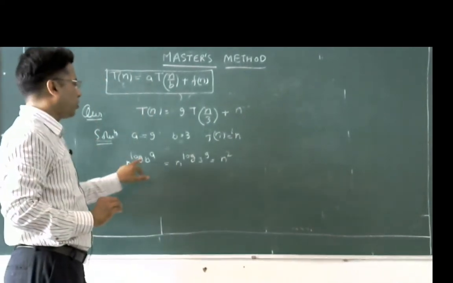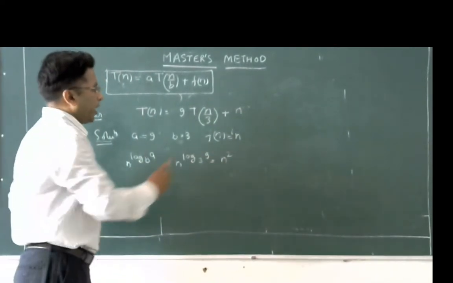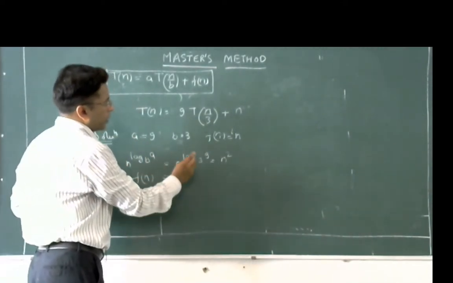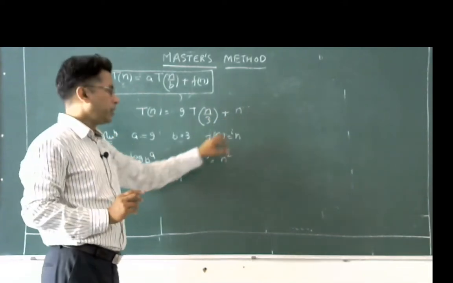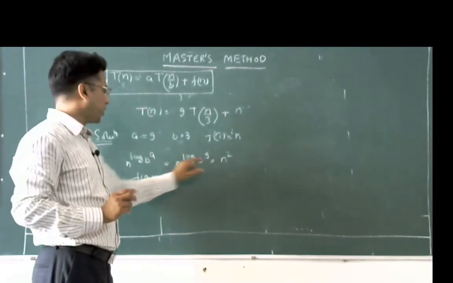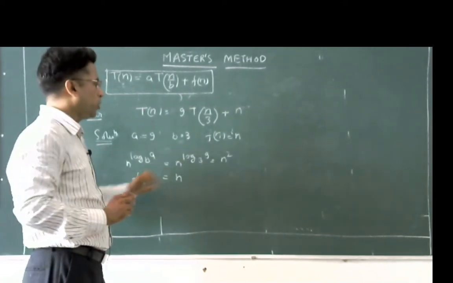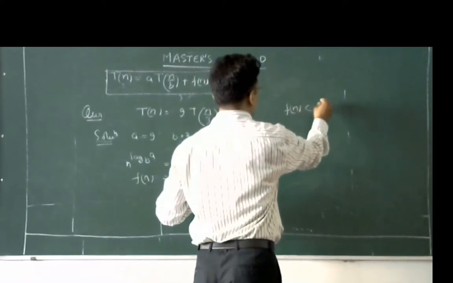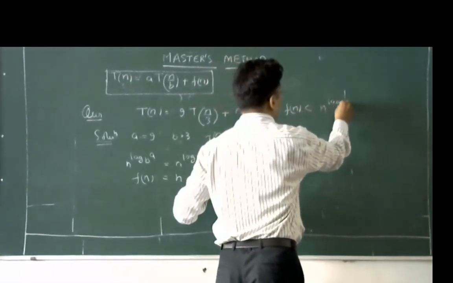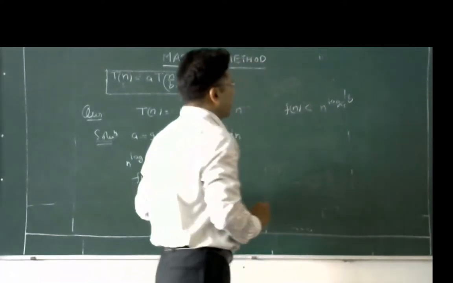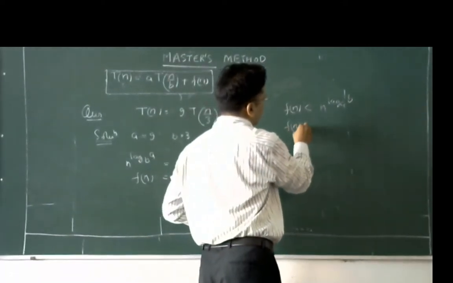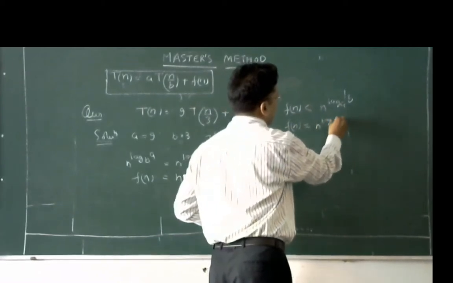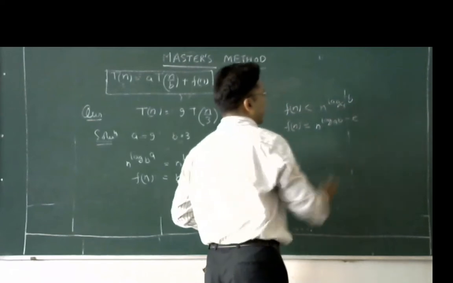So n raised to the power log a base b equals n squared, and f(n) equals n. Comparing these two, we can say that f(n) is less than n raised to the power log a base b. Or we can say that f(n) equals n raised to the power log a base b minus epsilon.